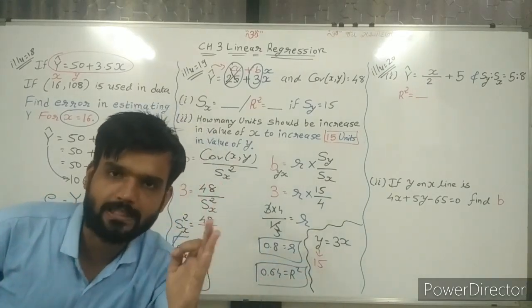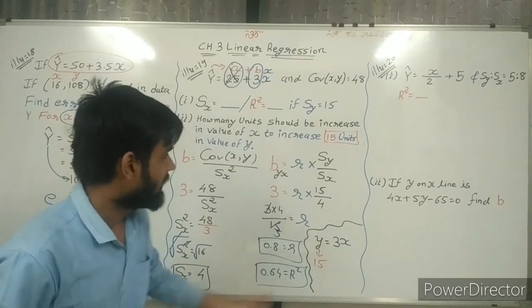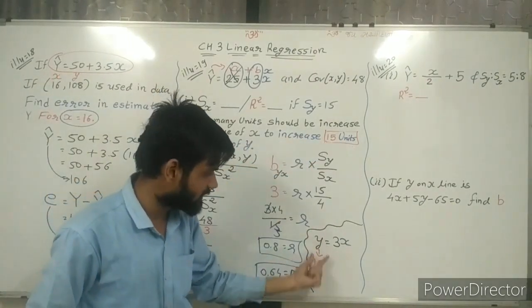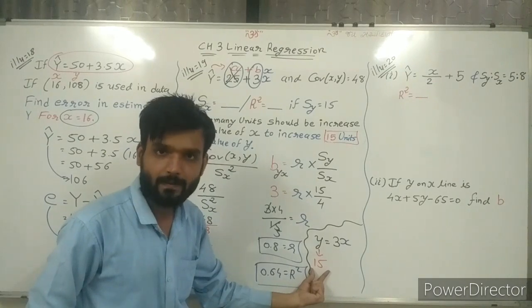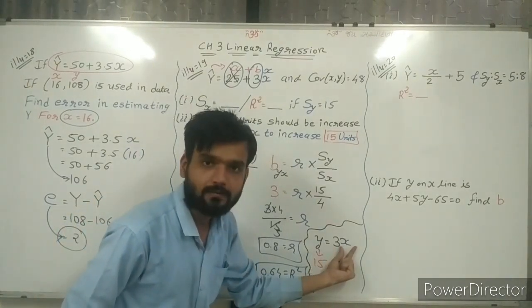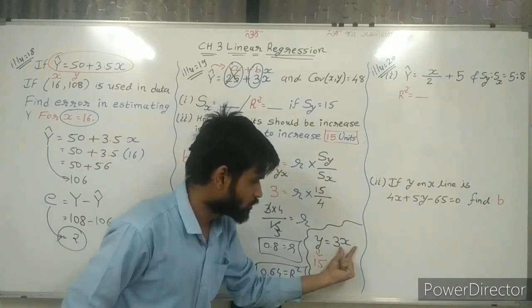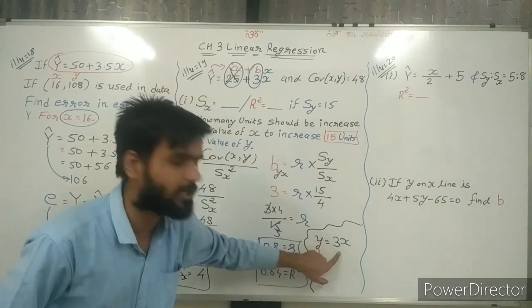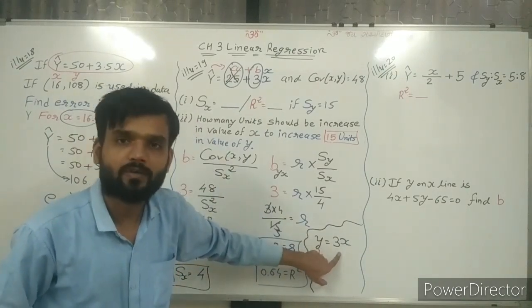Again, try to understand please. Here, I need to increase the value of Y by 15. I need to increase 15 in Y. Then what should be the value of X? What should be the value of X so that the multiplication of these two becomes 15?